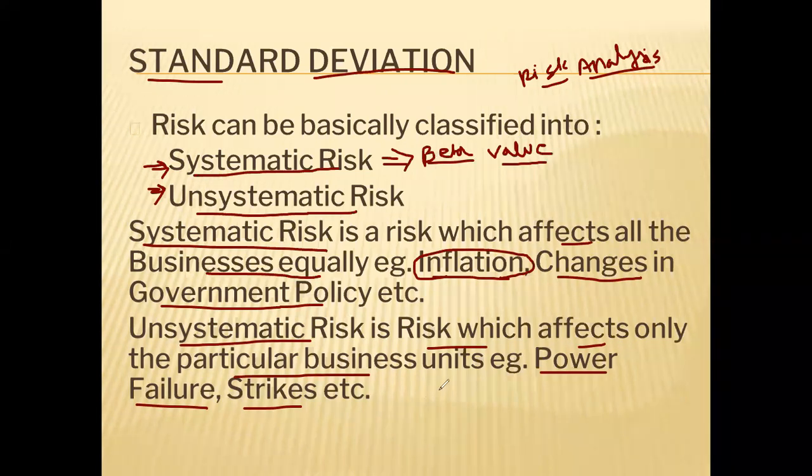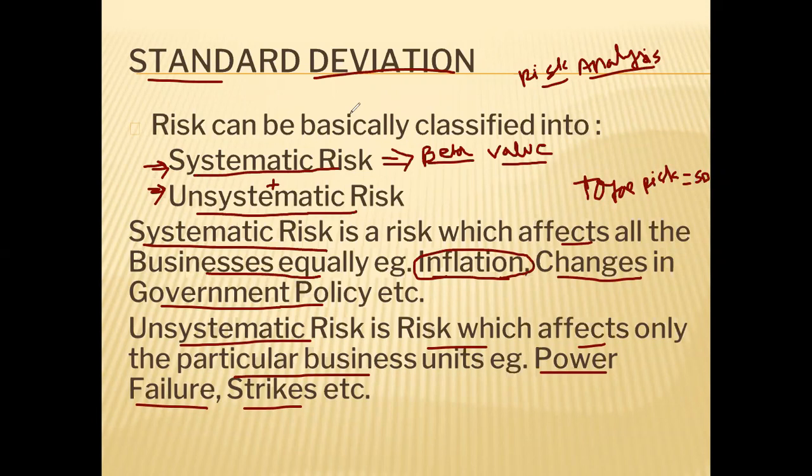And if you want to calculate the total risk, we will have to calculate standard deviation. Total risk is systematic risk plus unsystematic risk.